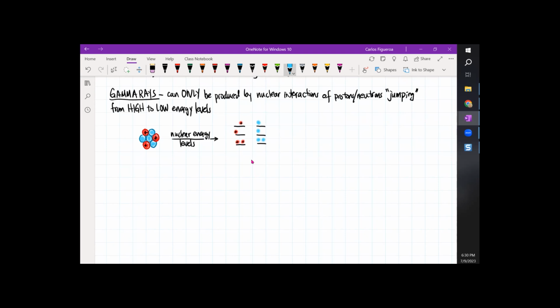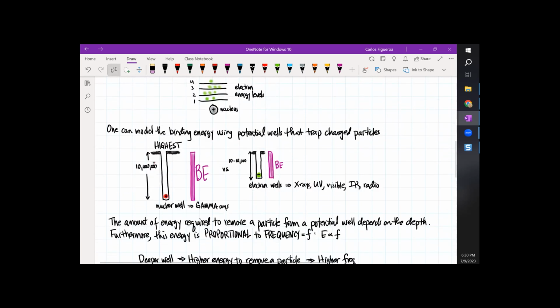The one thing you've got to remember is that this proton is going to jump from a high energy to a low energy. As it falls from here to here, that's a really big jump. How big? It's about 10 million electron volts. That's a huge jump compared to this guy.